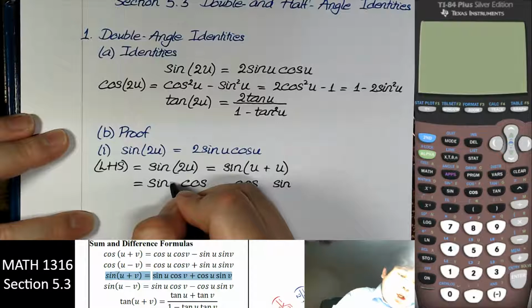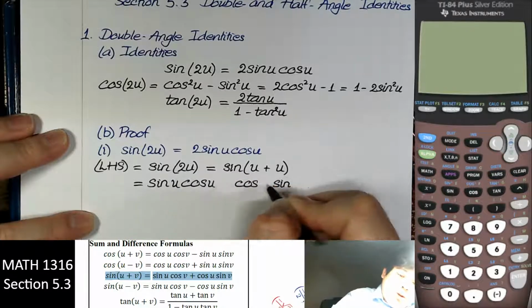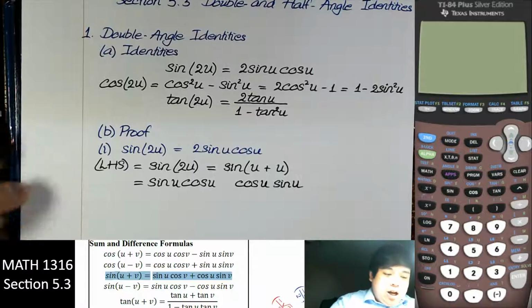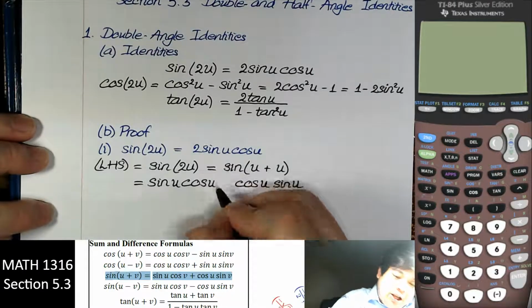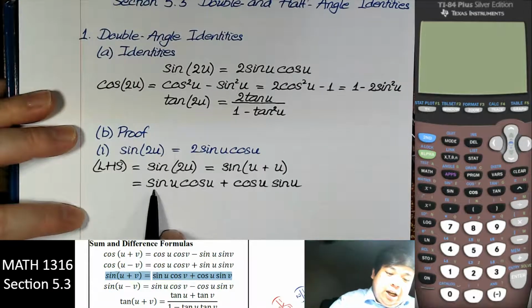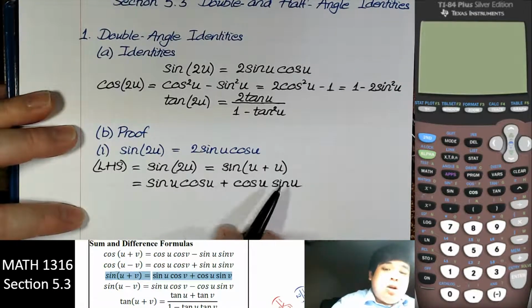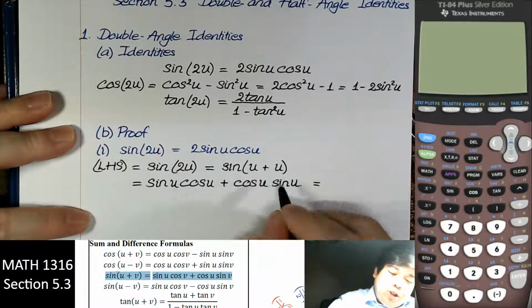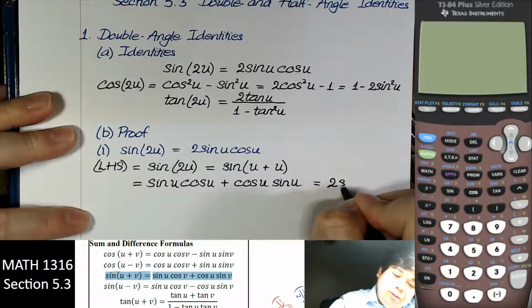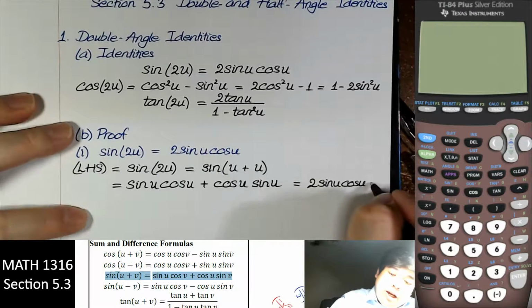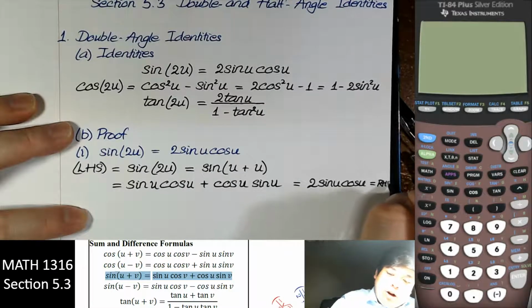Both of the angles are u though. Sine times cosine and cosine times sine, those two terms are the same. So that's why we have two of them. And that of course equals what we have on the right side.